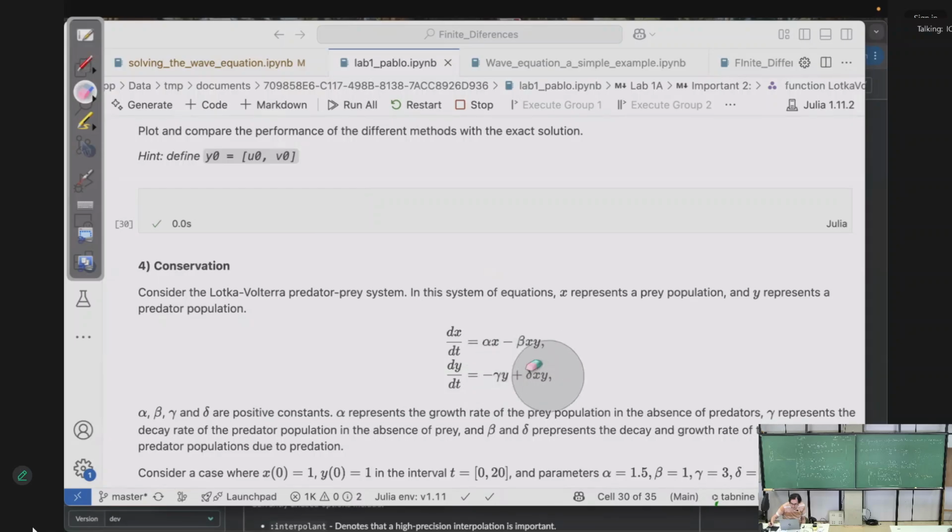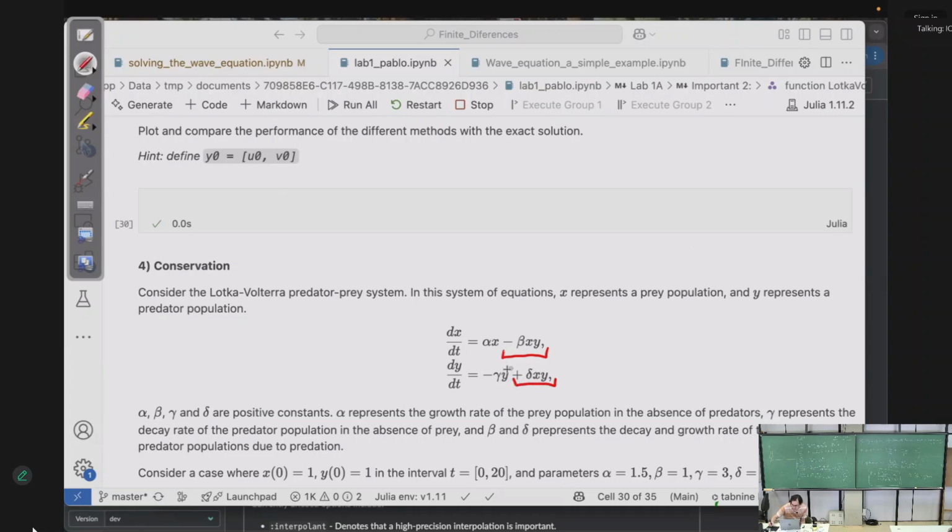On the other hand, this term here, which has a product, tells us that the prey population will decrease the more predators there are in relation to prey, and the other way around. The predator population will increase the more prey there are.